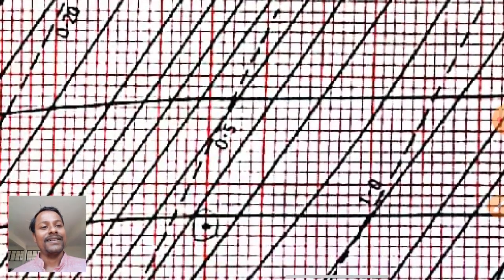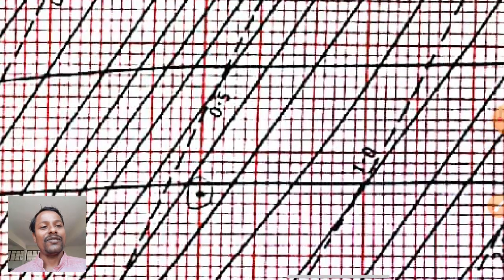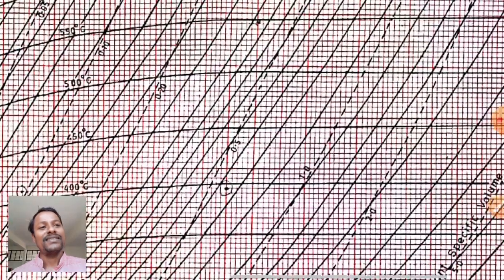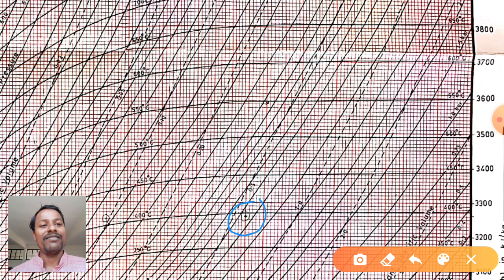So now let us move in between these two lines, and you will be able to get a vertical line from this. This is the state point 2 that we have marked.